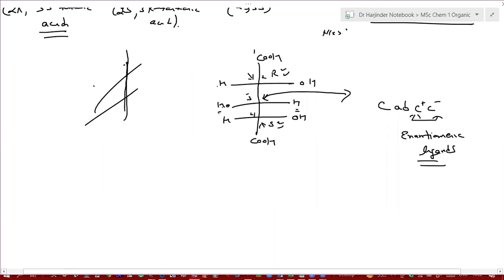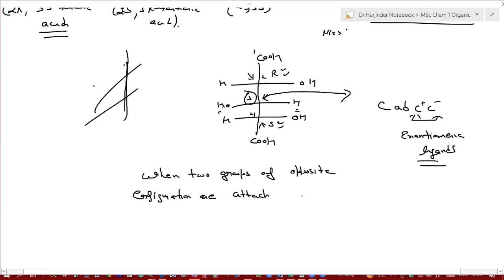Now what about this carbon number 3? Here the case comes when two groups of opposite configuration are attached with a carbon.